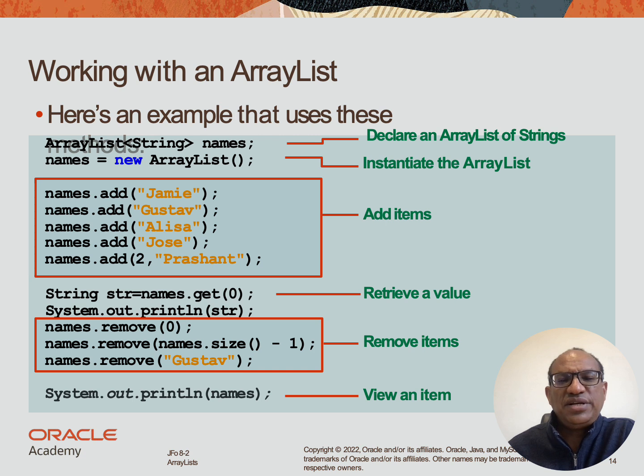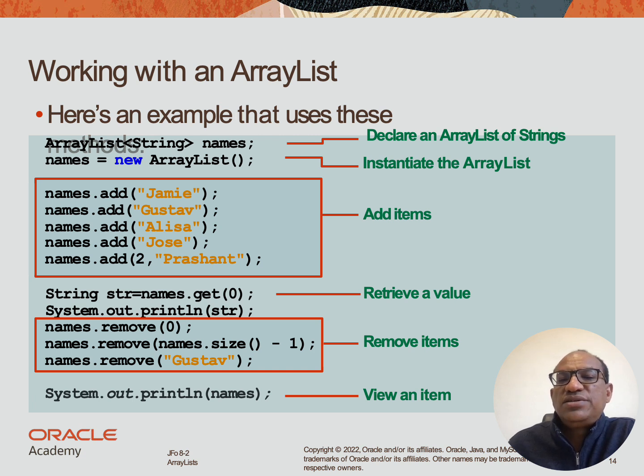Using the remove method, you can delete an element by passing the index or by passing an item to be deleted. remove(0) removes the first element at index 0, in this case, Jenny. remove(names.size() - 1) removes the last element, which would be Jose. remove("Gustav") removes an element that matches a specific value.